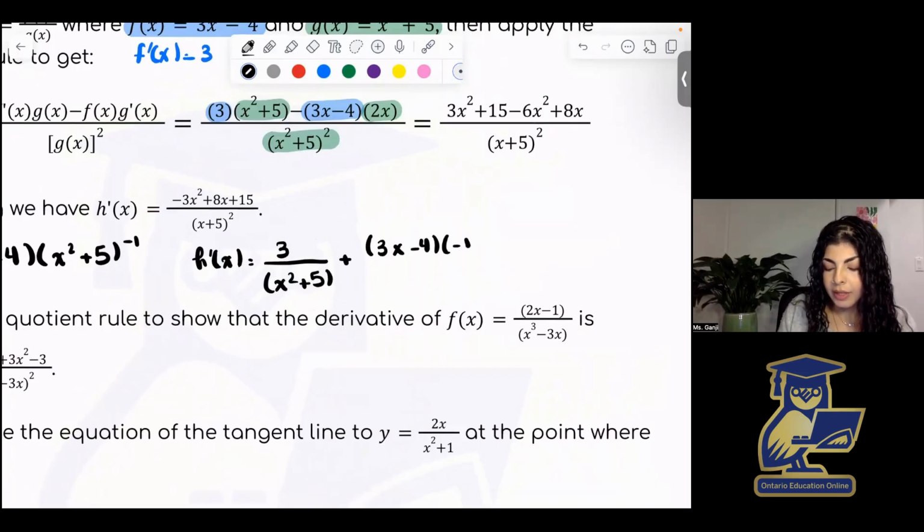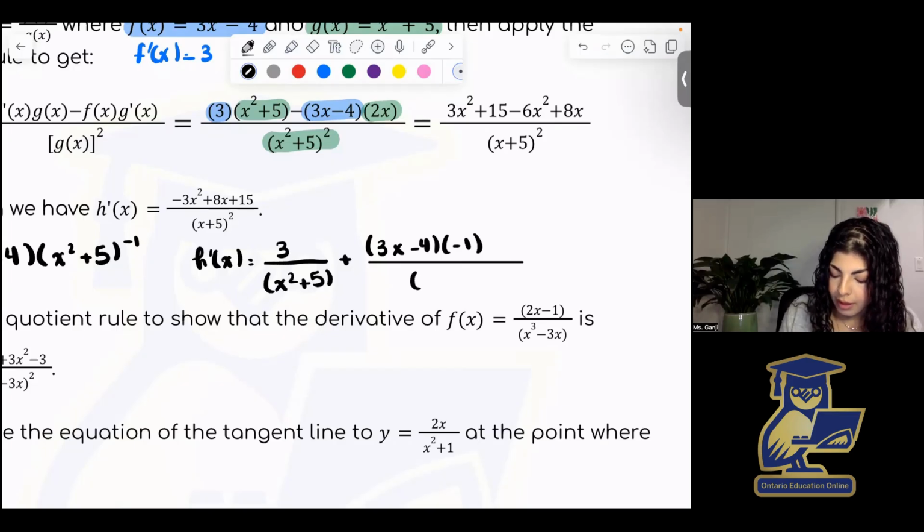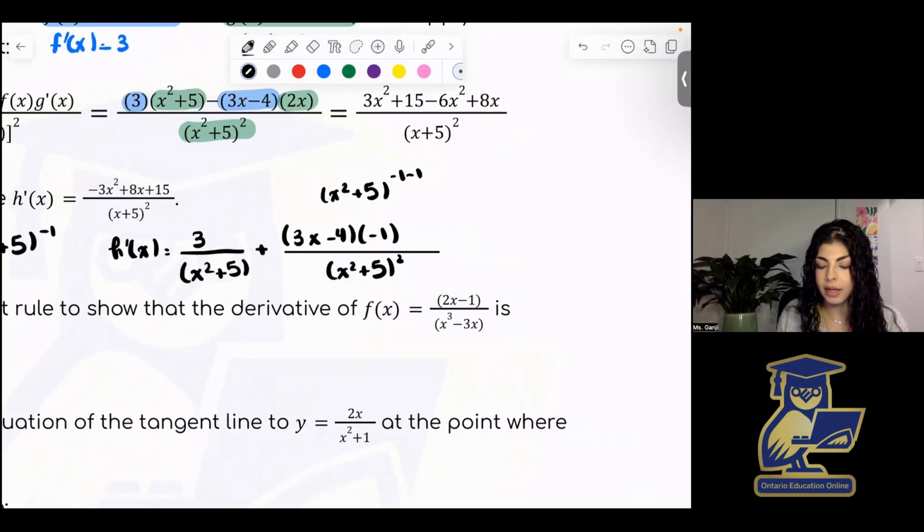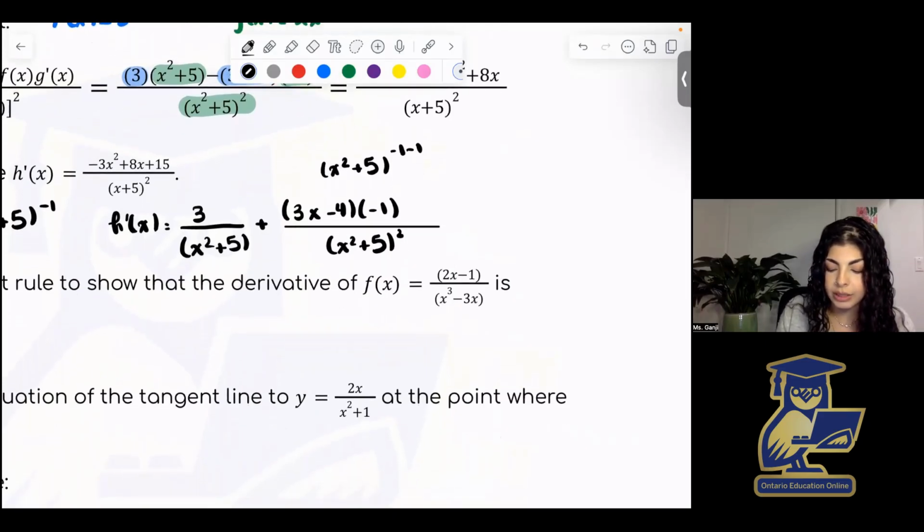And then we have the exponent of x squared plus 5, and then we have x squared plus 5 squared. Again, this would have been x squared plus 5 to the negative 1, which is negative 2, and then the negative makes it go in our denominator.